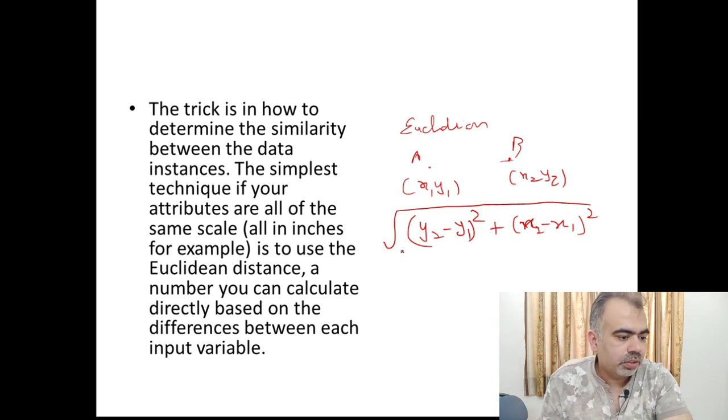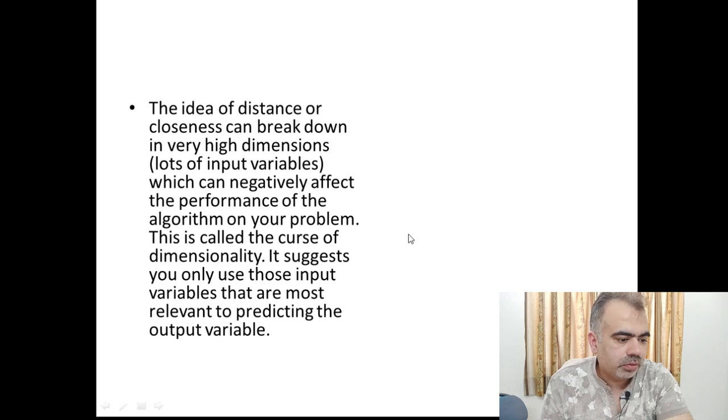The idea of distance or closeness can break down in very high dimensions with lots of input variables, which can negatively affect the performance of the algorithm on your problem. This is called the curse of dimensionality. It suggests you only use those input variables that are most relevant to predicting the output variable.